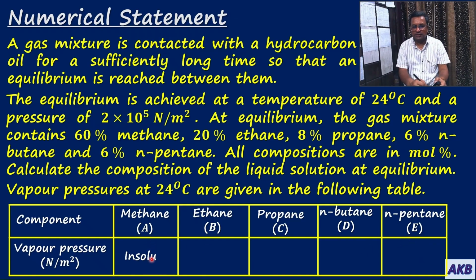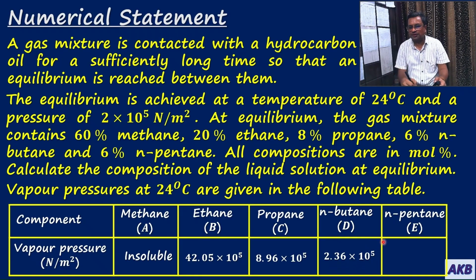Now as far as methane is concerned, methane is not at all soluble in the hydrocarbon oil, so methane is insoluble. For ethane, the vapor pressure is 42.05 into 10 to the power 5 Newton per meter square. For propane, the vapor pressure is 8.96 into 10 to the power 5 Newton per meter square. For N-butane, it is 2.36 into 10 to the power 5 Newton per meter square.